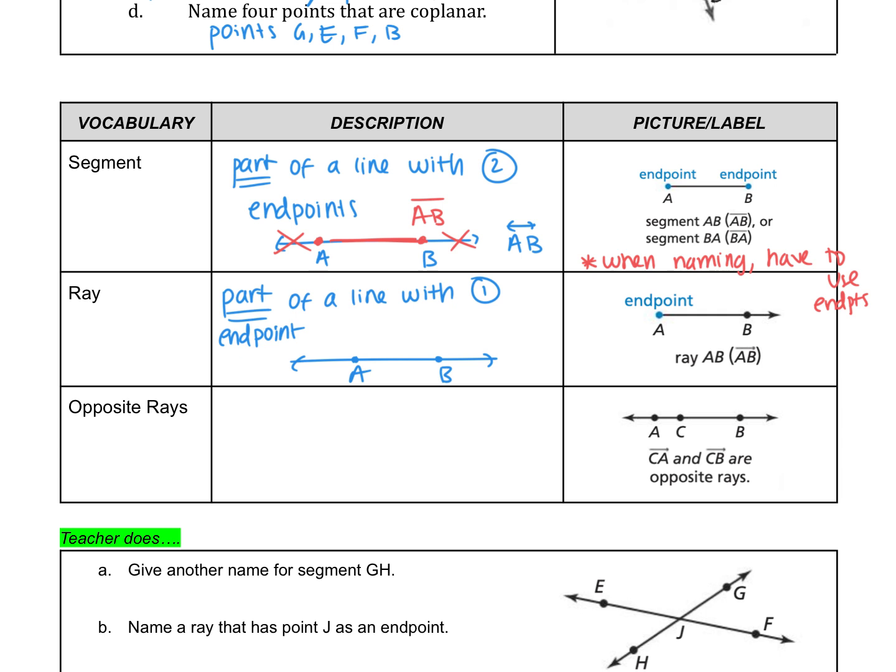What a ray does is choose 1 point only, like point A, and then continue in the other direction. The name is very specific. We always start with the endpoint A and the direction it's heading, B. And then over the top, a ray symbol: start at A, head toward B.